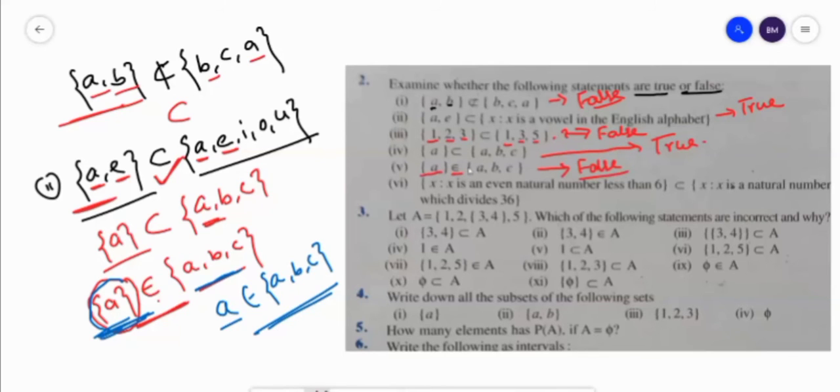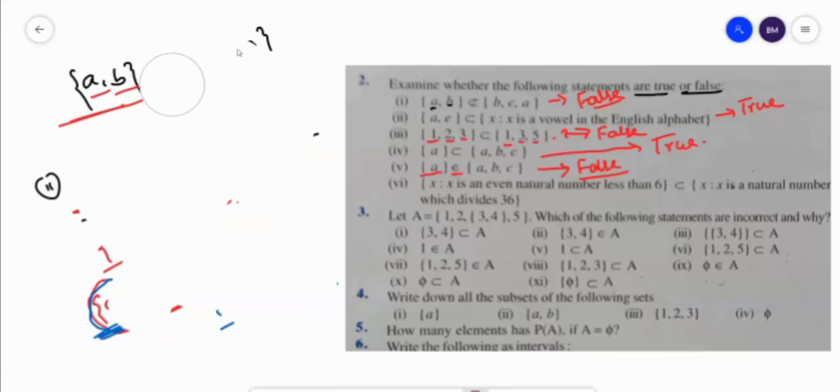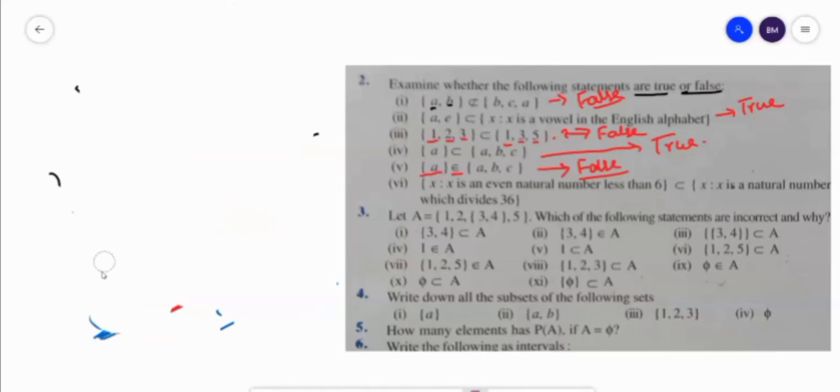Next, number 6, it is given {x : x is an even natural number less than 6} and the next set is given {x : x is a natural number which divides 36}. So what will be the first set for number 6? Let me write. This will be the even natural numbers less than 6, so 2 and 4.